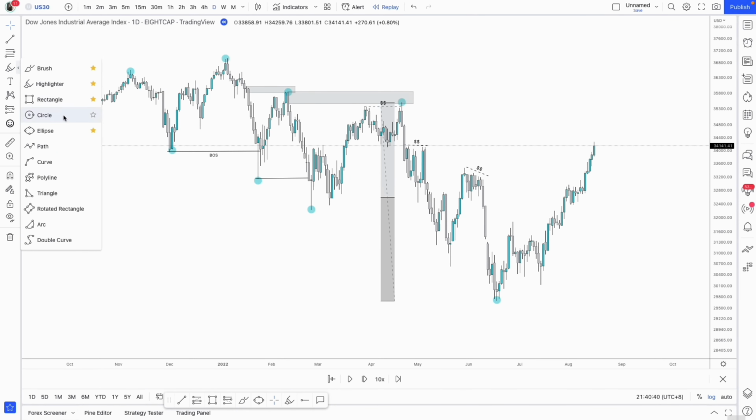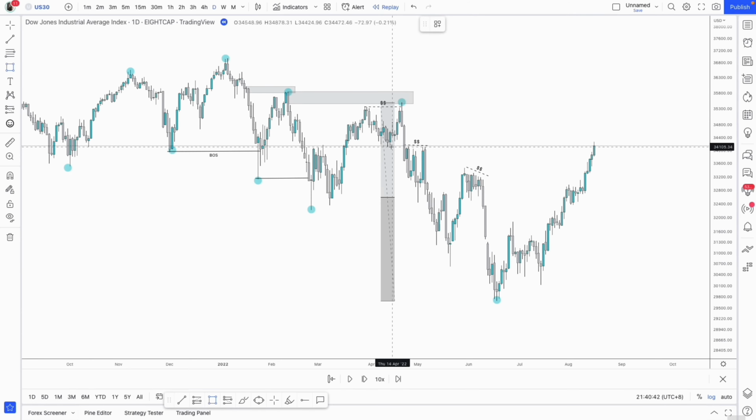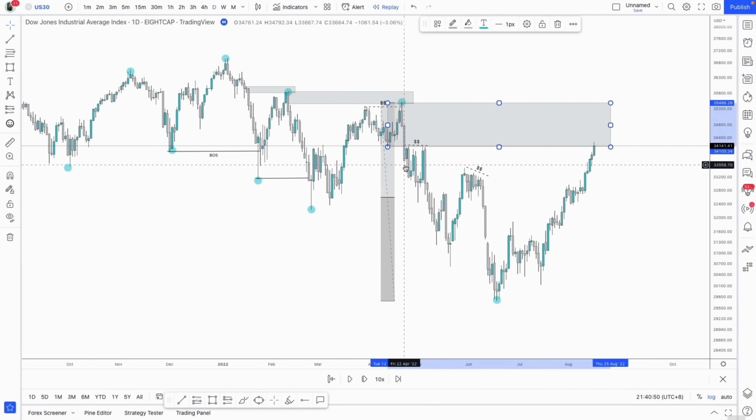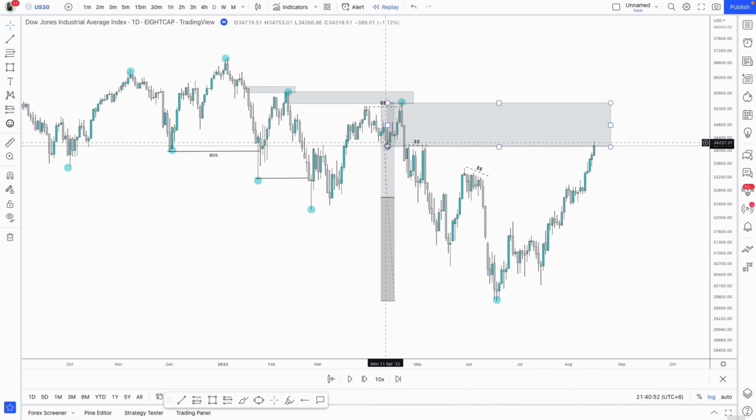However, if you actually mark out the buys right here to sells, this is what we call a supply range. It's a range of price where there was an accumulation to distribution.